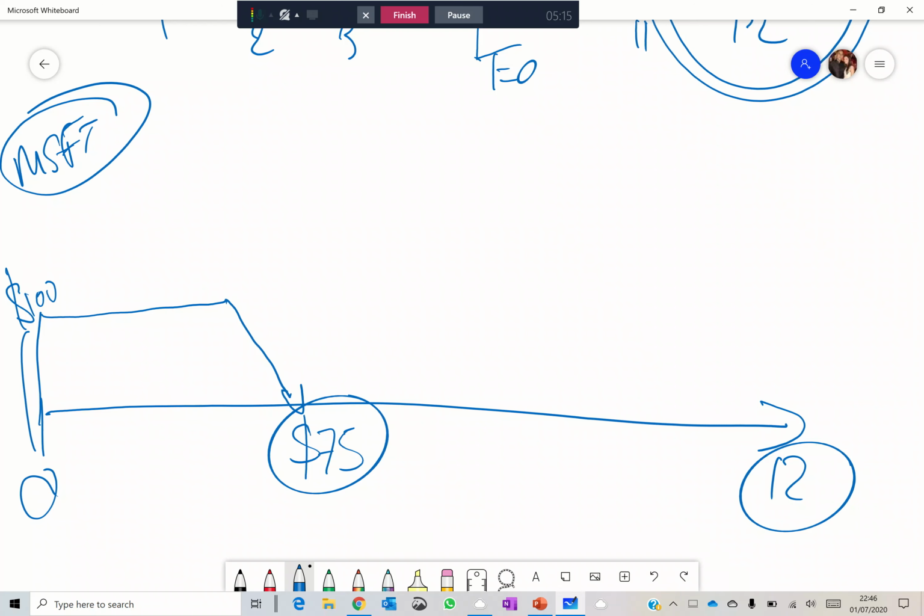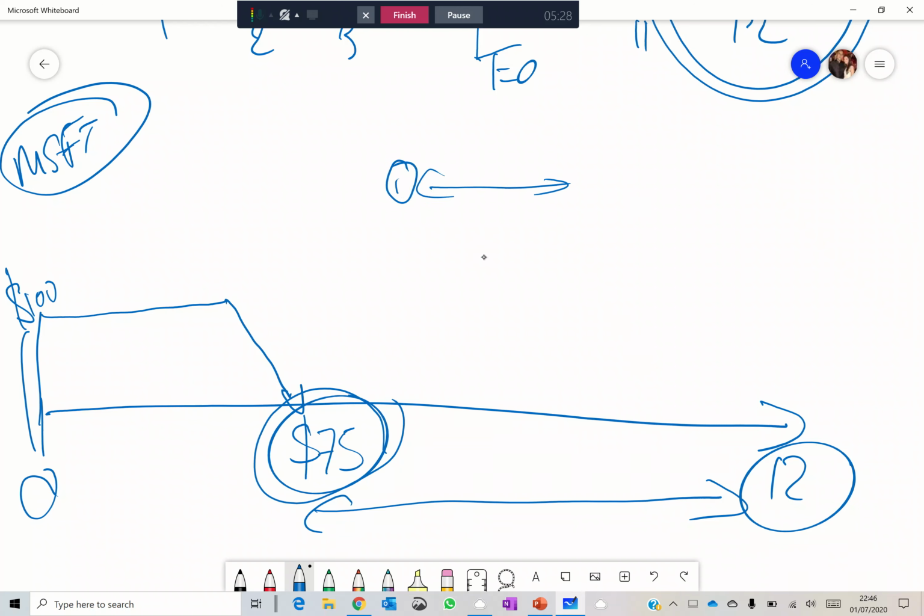And people say to me, what do I do with that? Do I just hold cash for the rest of the year? Or should I reinvest that? Now, there's two options. First of all, if you hold cash for the rest of the year, then you definitely know that the most you could have lost on, let's say you started with $1,000 for this share, and it's now, of course, gone down to $750, okay?